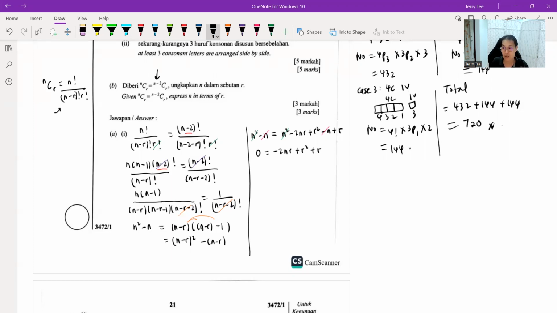The rest are just algebra. Since I'm finding n, I'm going to bring it over. 2nr is r squared plus r. Well, your r can't be 0. We can actually divide by r. Let me just cancel the r off, and divide by 2. Your n is (r plus 1) over 2.